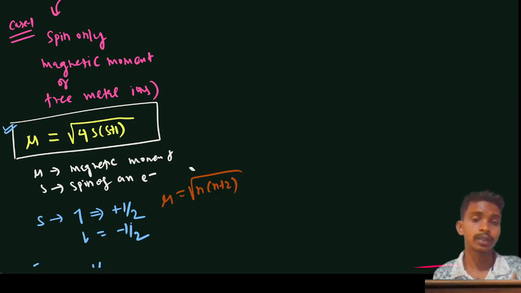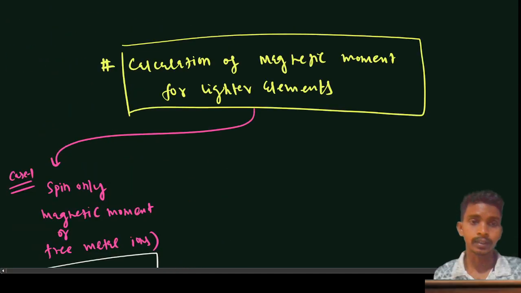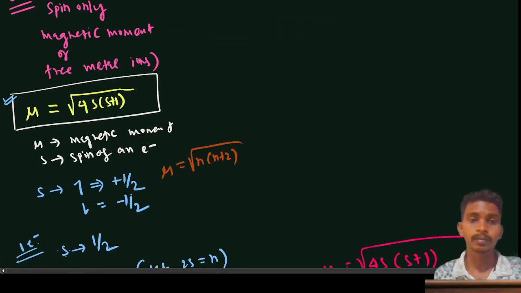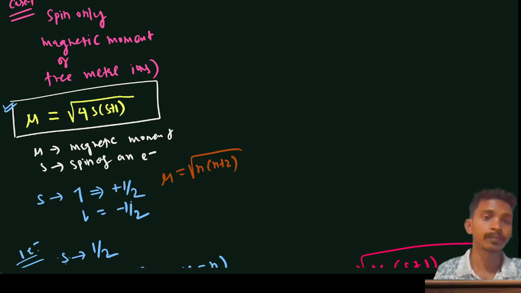Actually we use the short tricks, then all will be answered. So only use the short tricks. These are the actual formulas, but we can use the short tricks if the spin only magnetic moment is asked, or free metal ions are mentioned. Maximum times this will come. This is very important, not this formula, this.